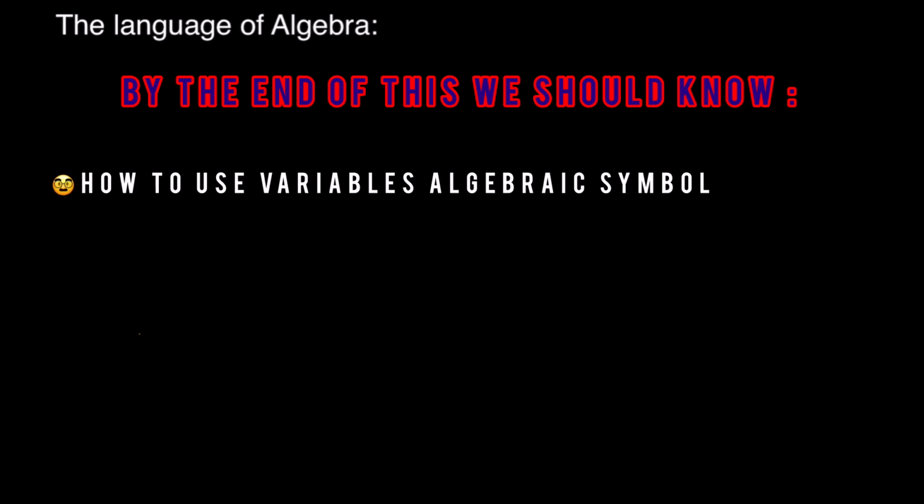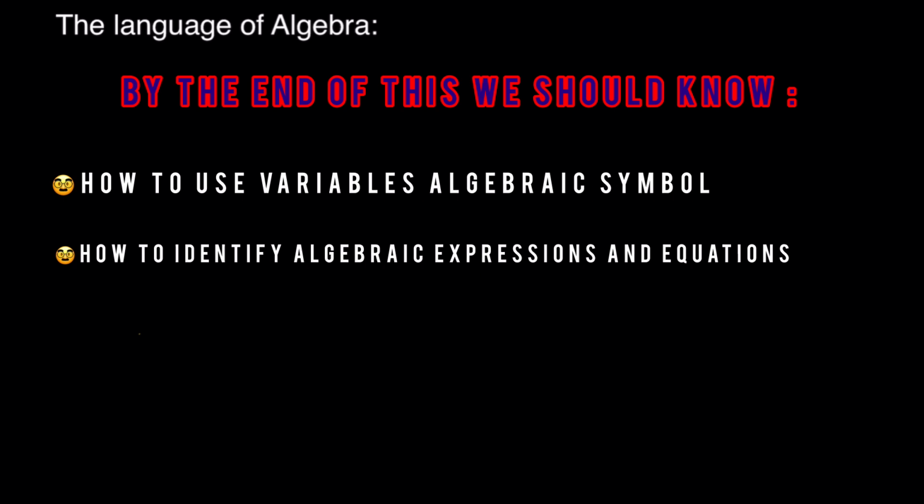The language of algebra will contain various topics, and we will try to make it easier and simpler. By the time this topic ends, we should be able to identify these things: how to use variables in algebraic symbols.